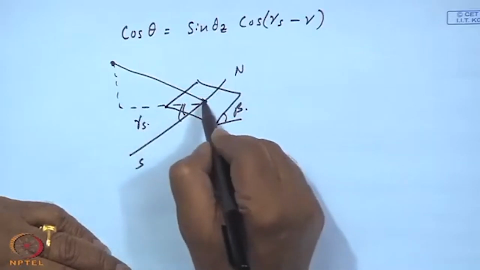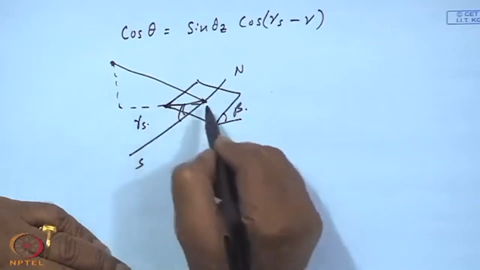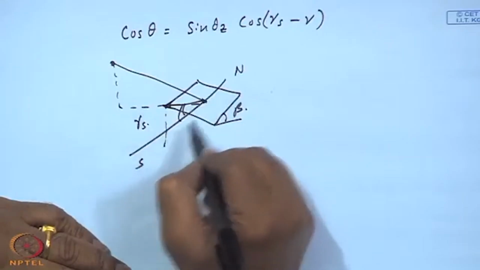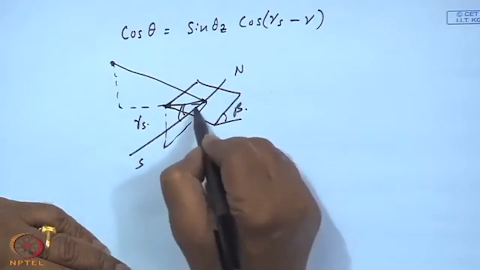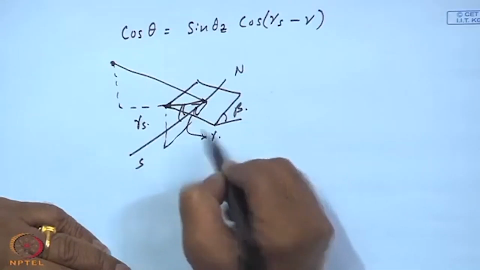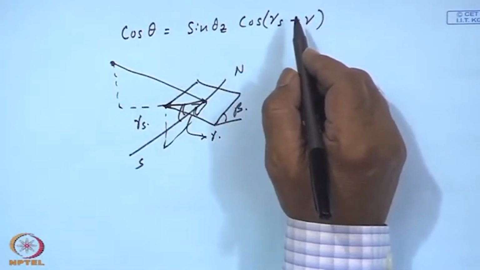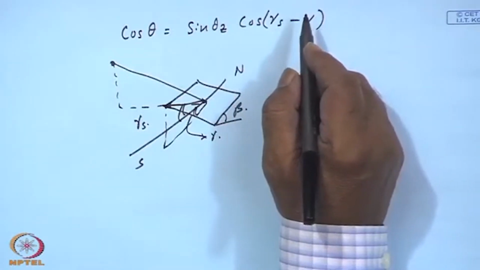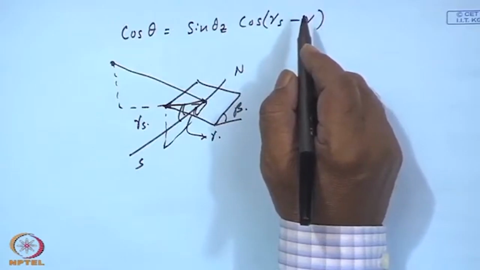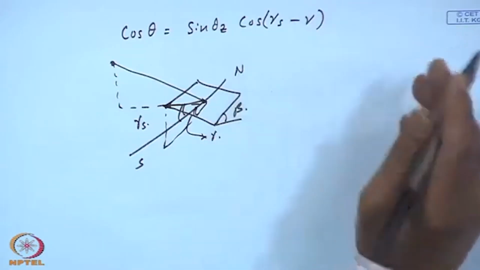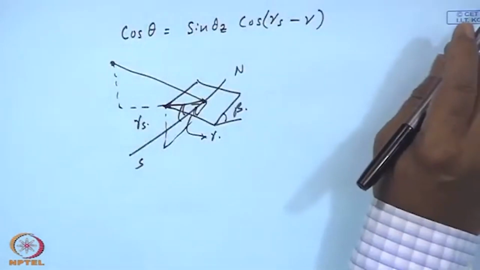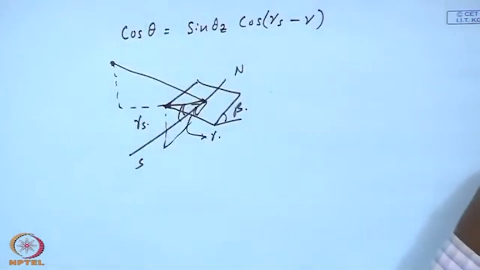Whereas we had taken the outer projection of the surface, and this we defined as gamma. The same picture is shown over here, where it looks like alpha A, but that should be gamma. It is gamma s, that is the sun's azimuthal angle.